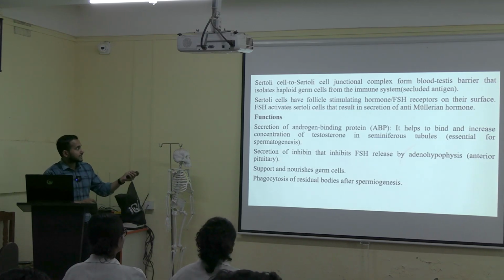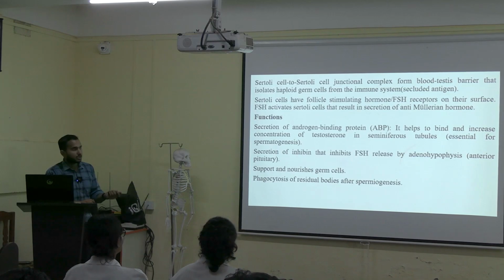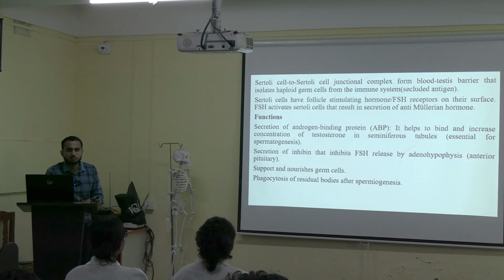Next, these Sertoli cells also have an important receptor called FSH receptor. What is its function? Now, FSH activates the Sertoli cell for the secretion of anti-Mullerian hormone. What is the importance of this anti-Mullerian hormone? The Mullerian duct.